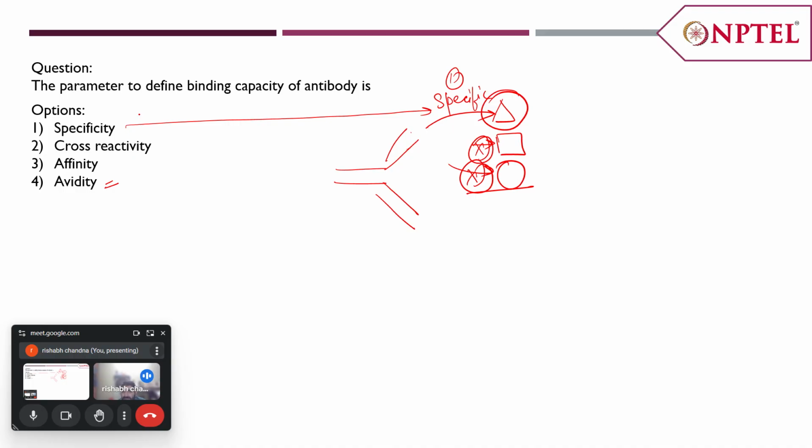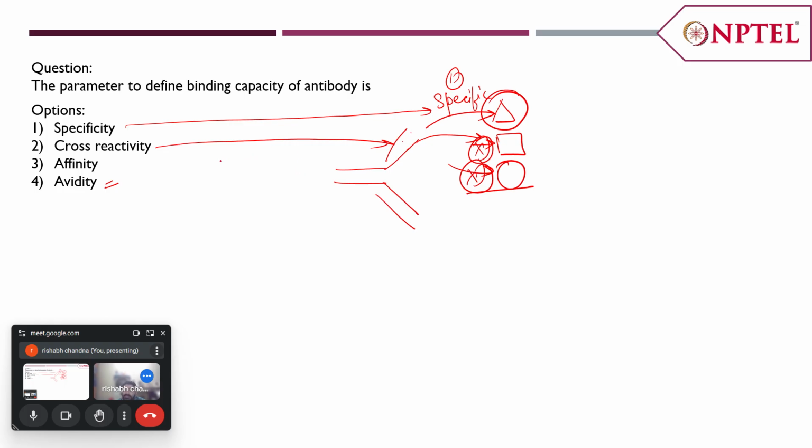So this is specificity. As I said just now, if there is similarity between two epitopes, one antibody can also bind to the other epitope. That is called cross reactivity.